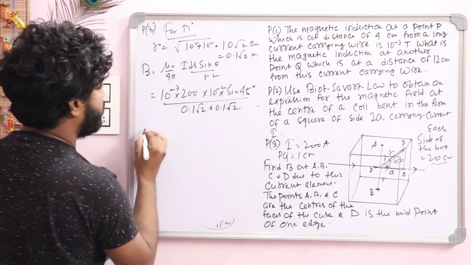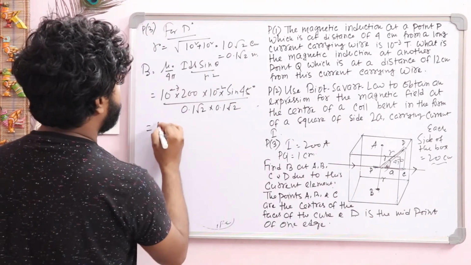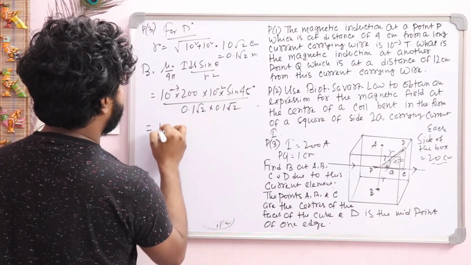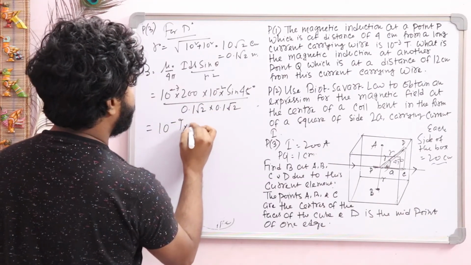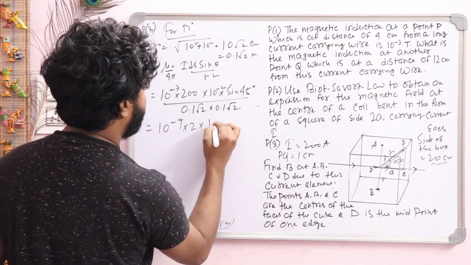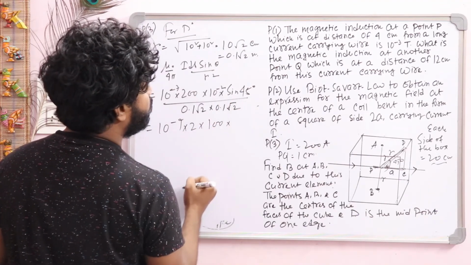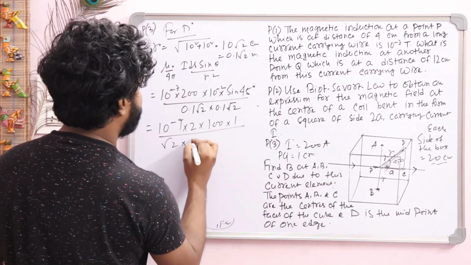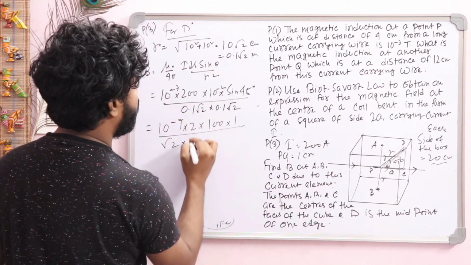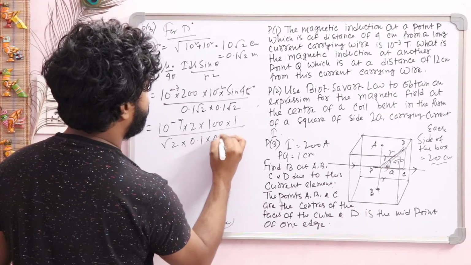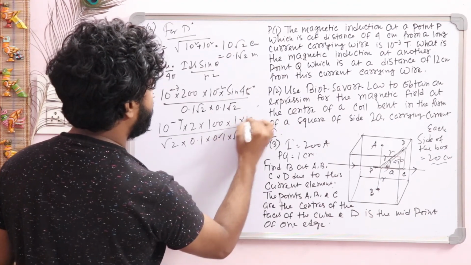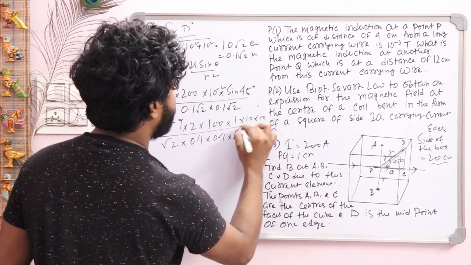Now simplify it. Okay, so this one is 10 to the power minus 7 minus 2, that is 10 to the power minus 9 into 2 into 100 into sine 45, that is 1 by root 2, divided by 0.1 root 2 into 0.1 root 2, this one is 10 and this one will be 10.